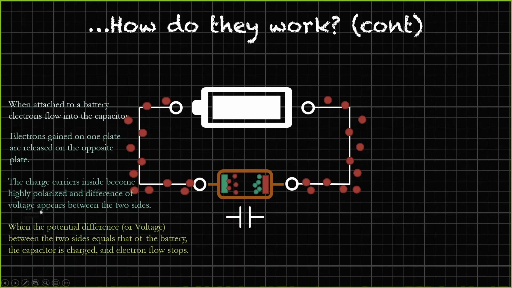The charge carriers inside become highly polarized, which means one side has a lot of positive charge carriers, the other side has a lot of electrons, and the difference between the two is a voltage. If you were to measure it with a multimeter or a voltmeter, you would see a very similar reading to what you would see looking at a battery.